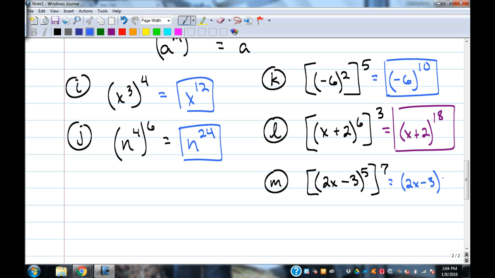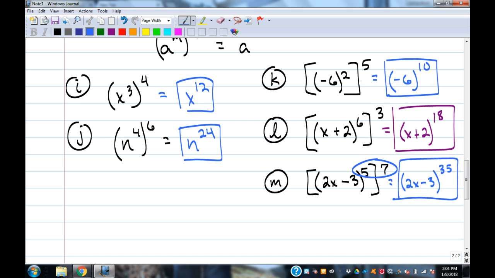What's the new exponent? How'd you get that? 5 times 7. You multiply those two exponents together to get 35. And that's it. You're going to stop right there, leave it in exponential form for sure. Oh, yeah, it would be a monstrous problem. Taking it step at a time, you could do it, but it would take you quite a while to do. I promise you that.